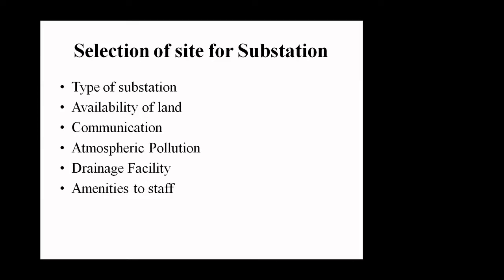So we have to choose a site which should be very near to the road so that the communication is possible. Fourth point is atmospheric pollution. The atmosphere around factories may produce corroding gases. Hence, the land should be away from any type of atmospheric pollution.